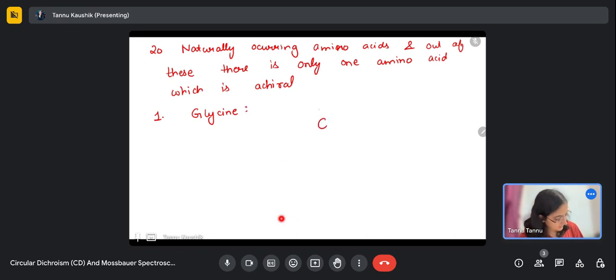Because an amino acid has two functional groups which will always be present, that is the amino group and the carboxylic acid group.